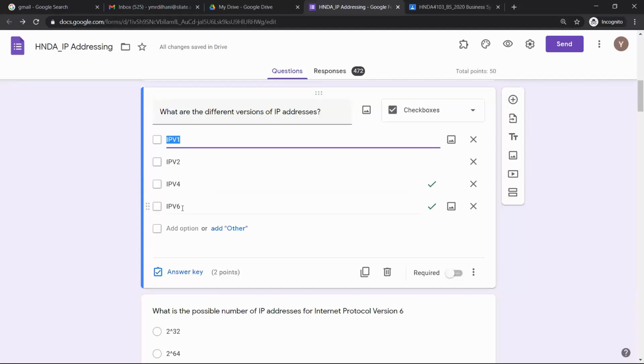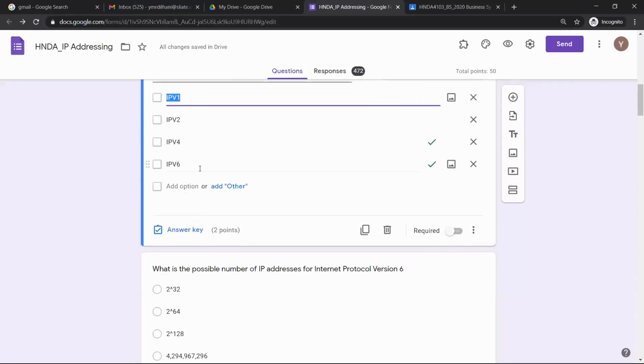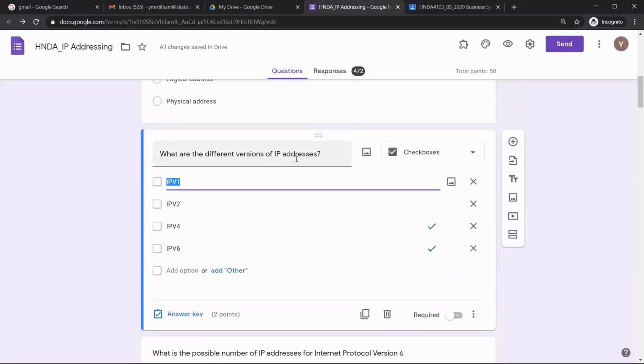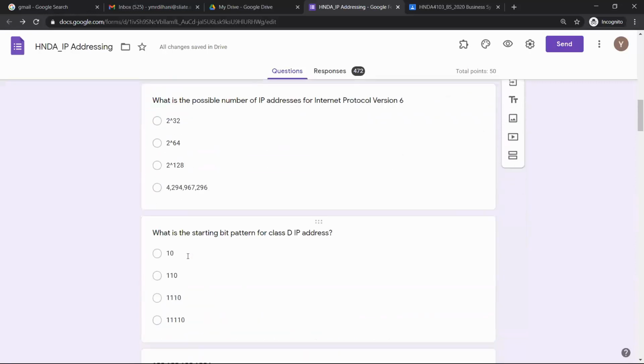When you use IPv6, you have a 128-bit long address, and with that address you can connect more devices than IPv4. So the different versions of IP addresses are IPv4 and IPv6.